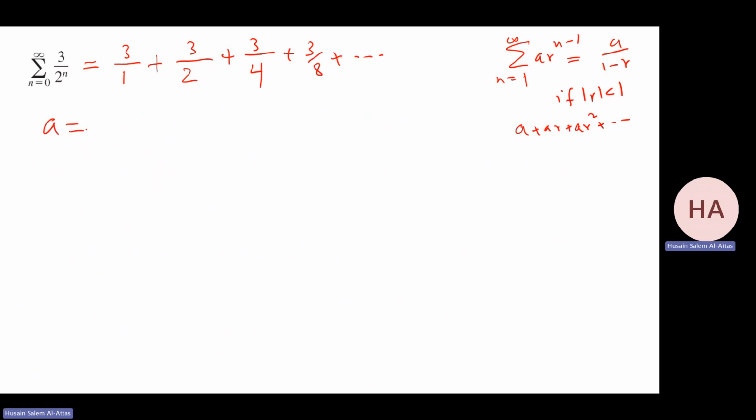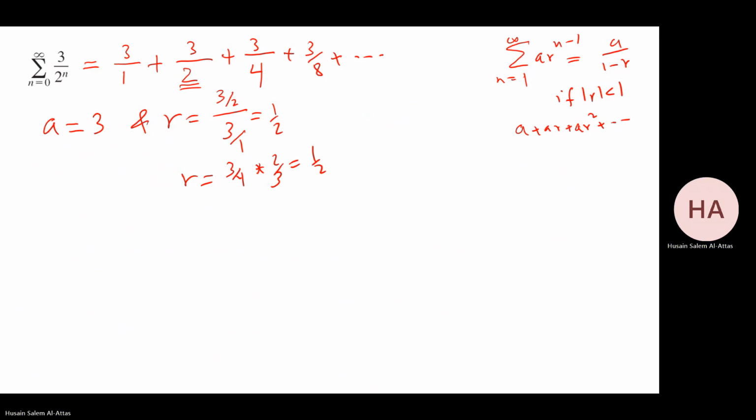So a is the first term, a equals 3. What about r? r is the ratio, so I need to check two terms at least. 3 over 2 over 3 will be what? Half. Also check 3 over 4 times 2 over 3, which is half, and so on. So I can check more. r equals half. So I have a equals 3 and r equals half.